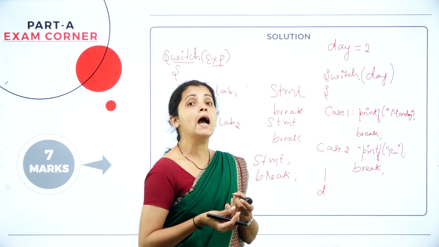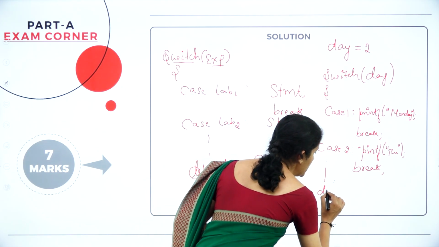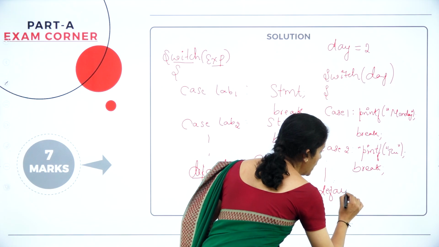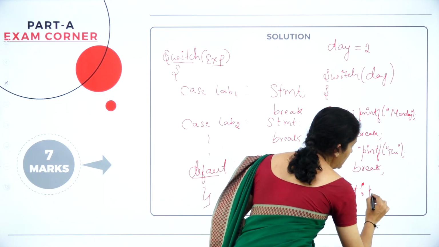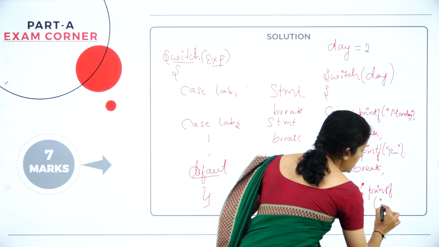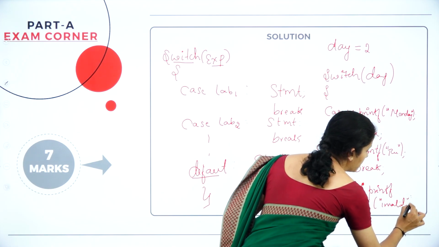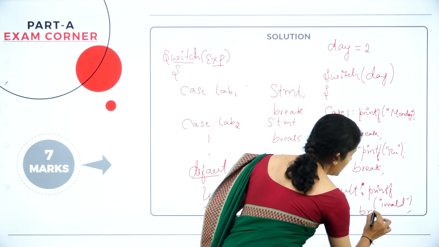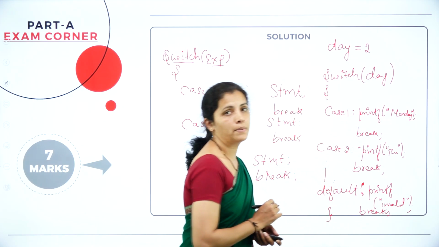Because we don't have an 8th day in our week. So default, printf, invalid day, then break, okay, then close the flower bracket.